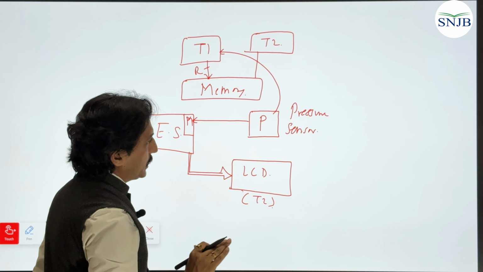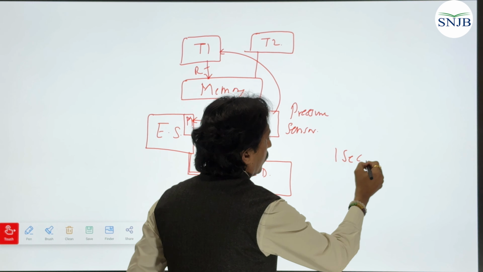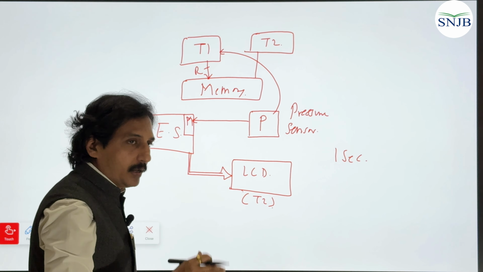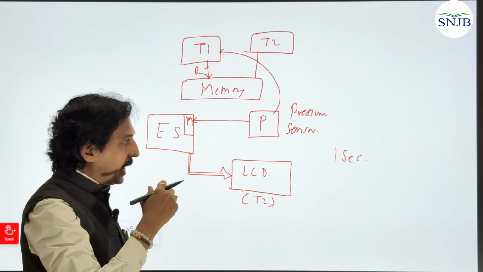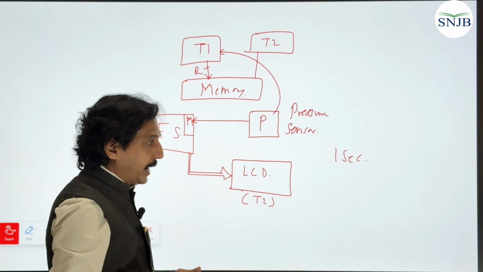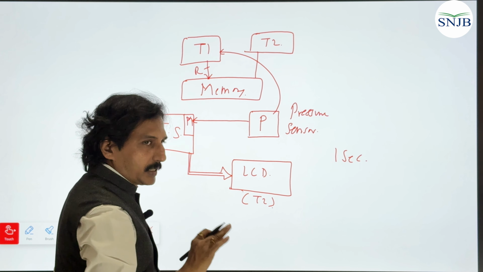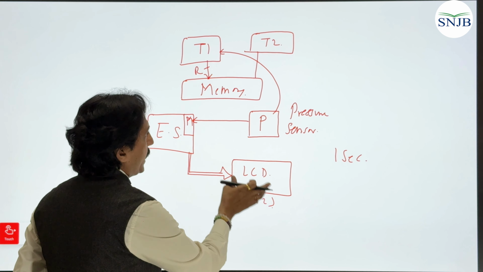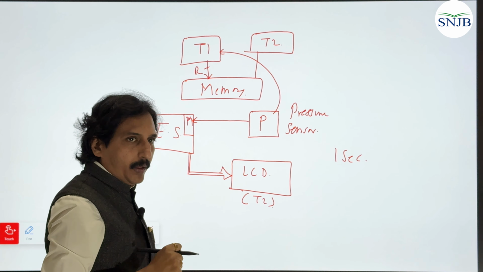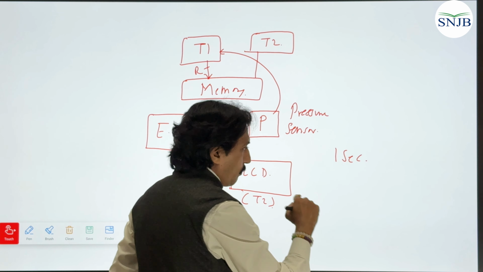Now suppose within 1 second, after 1 second, pressure has to be measured and then saved into the memory, and another time the LCD is going to read the contents. Suppose the LCD is continuously taking control of the memory and displaying an older version of the pressure.